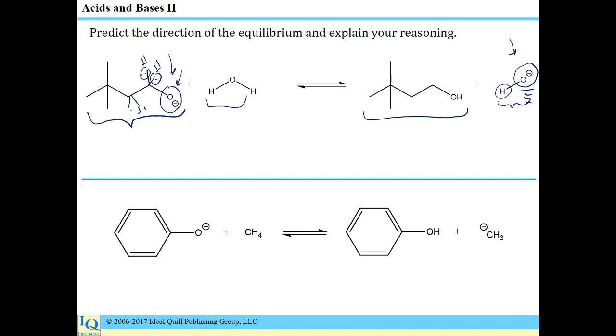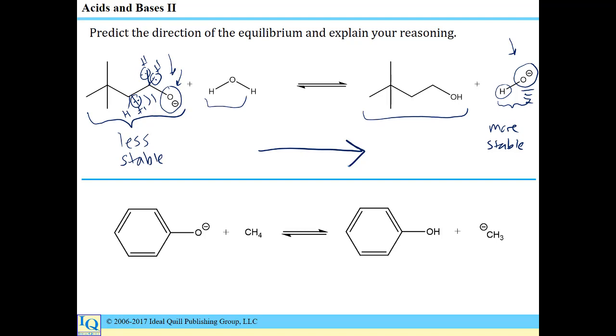Now we know that electrons repel other electrons, they repel negative charge, so that's an example of a destabilizing inductive effect. So this is a less stable anion, and the hydroxide is the more stable of the two anions. Now the equilibrium is favored in the direction that forms the more stable species, so in this case, equilibrium is favored to the right.